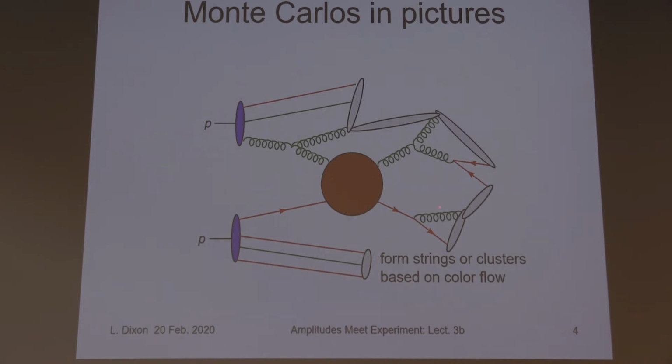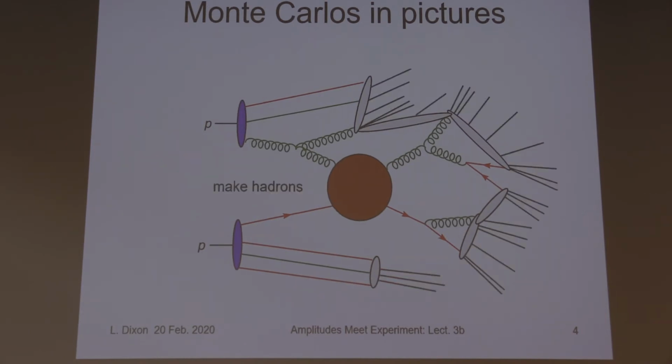And so then you split gluons, and they have double color, and using the color flow, you either decay clusters that are color singlet, or you have some string model where you have a way of splitting the strings into hadrons. And so then you get a model for where the hadrons are going, and you produce hadrons with given momentum distributions. And you usually include a lot of parameters here that can be tuned by the experimentalist to try to match the relevant data for these distributions.